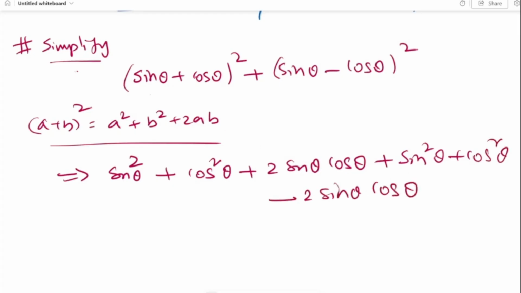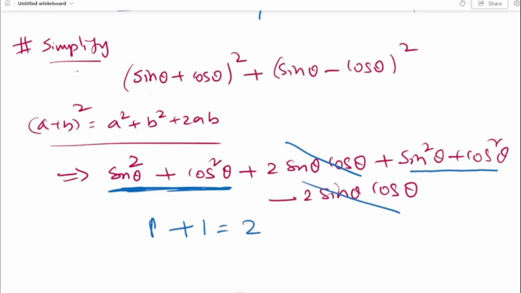This is a basic expression, not an equation, because you don't see any equal to here. Now these two are similar terms with opposite signs, so they cancel off and become 0. If you recall, sin square theta plus cos square theta is 1. Likewise, sin square theta plus cos square theta is 1. 1 plus 1 becomes 2. The answer is 2.